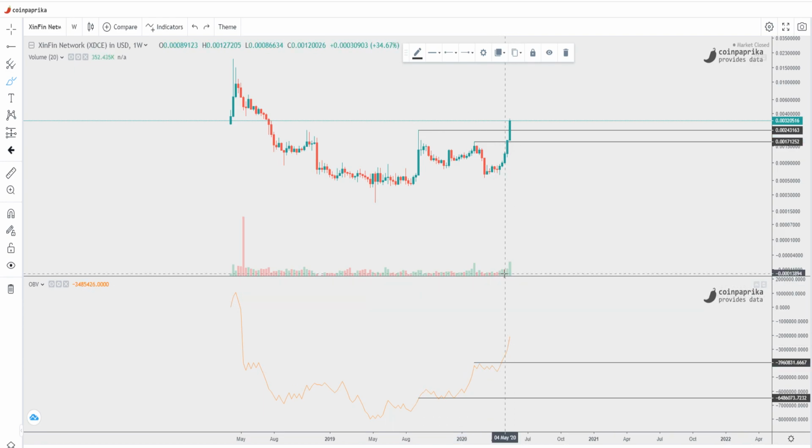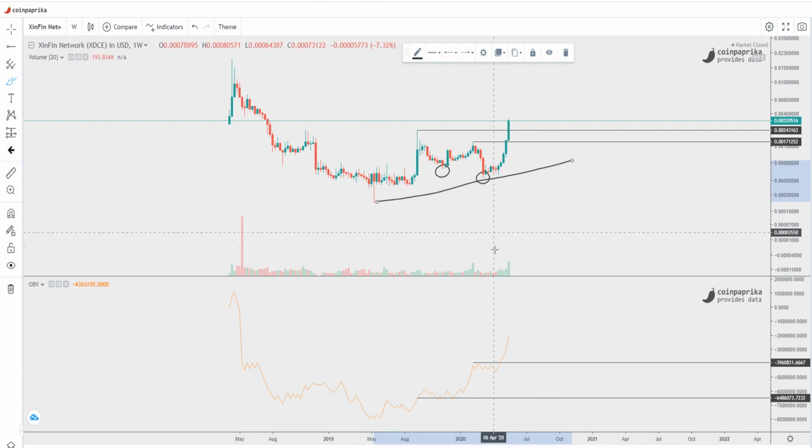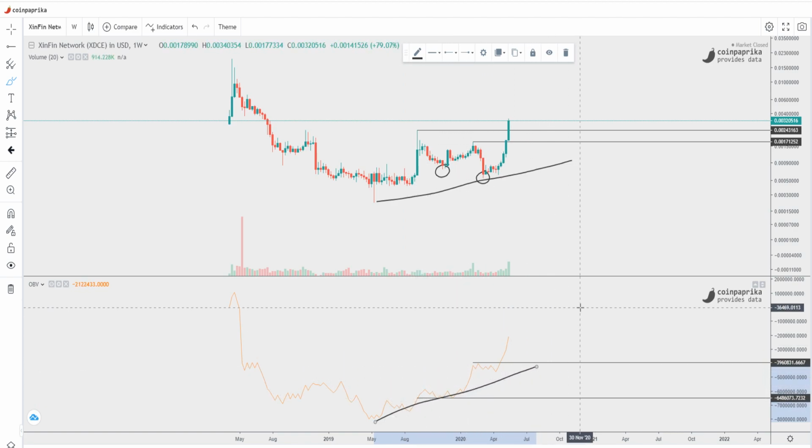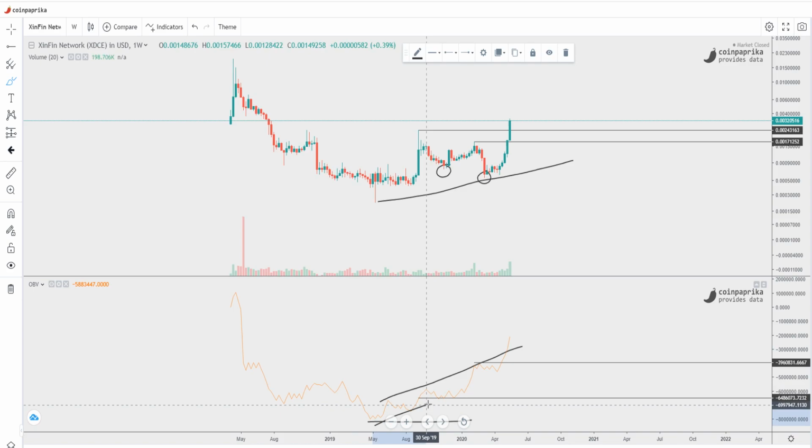Now let's take a closer look at this one here. Let me clean this. Okay, so right after we lost the floor here, we made this low, which was a higher low, as you guys can see. This is bullish, and we can also see the same move here. Can you guys see how they work their way exactly like in a bull scenario, with higher high, higher low, higher high, higher low, higher high, and higher low.